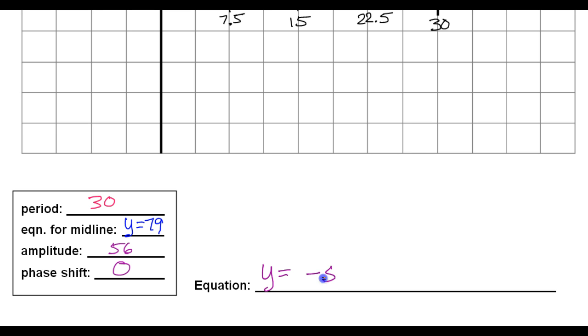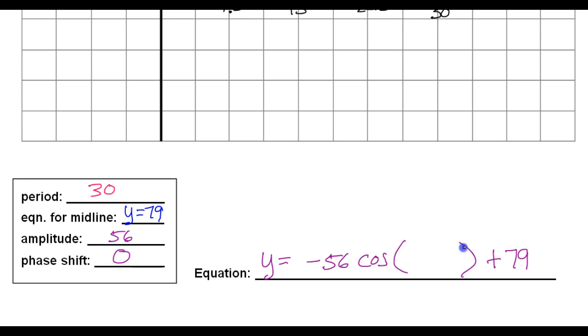So I'll put my negative 56, because we know the amplitude goes there. We've decided it's going to be the cosine function. Wait a minute, there's something I haven't found yet. I'll come back to that in a second. But here on the end, I have what I need. What always goes here on the end? 79. That's going to be that midline, that's 79.